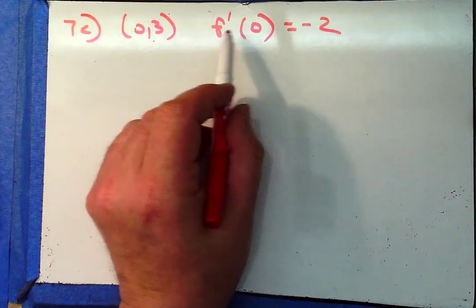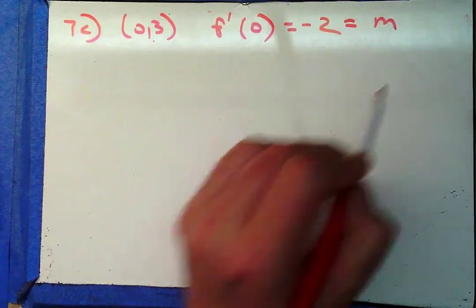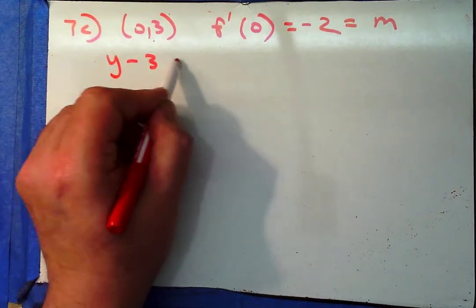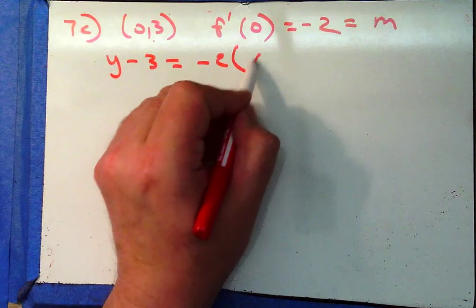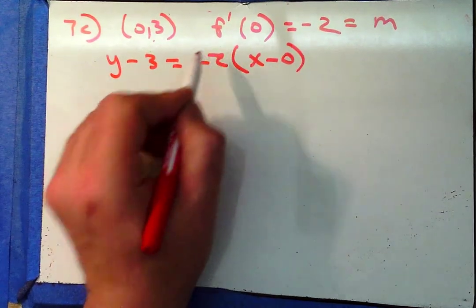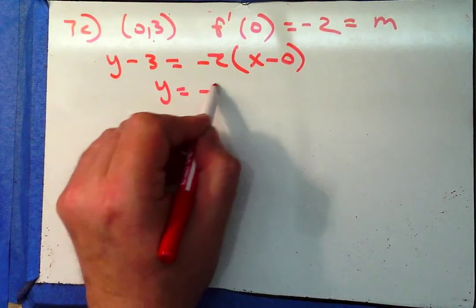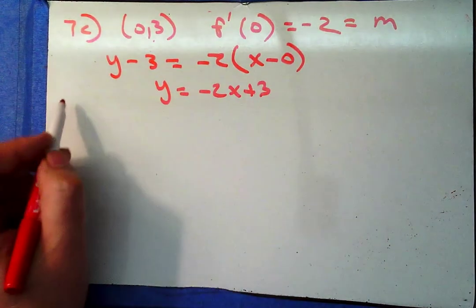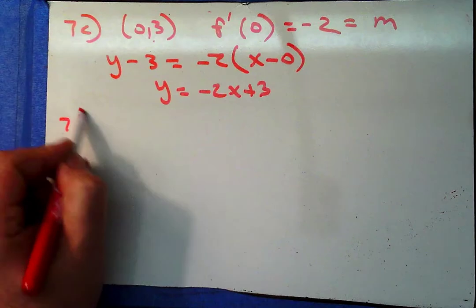Therefore, f prime of 0 is negative 2, and that's the slope of my tangent line. So y minus 3 equals negative 2 times (x minus 0), or if you prefer, y equals negative 2x plus 3. Okay, there was part C, and then finally part D.